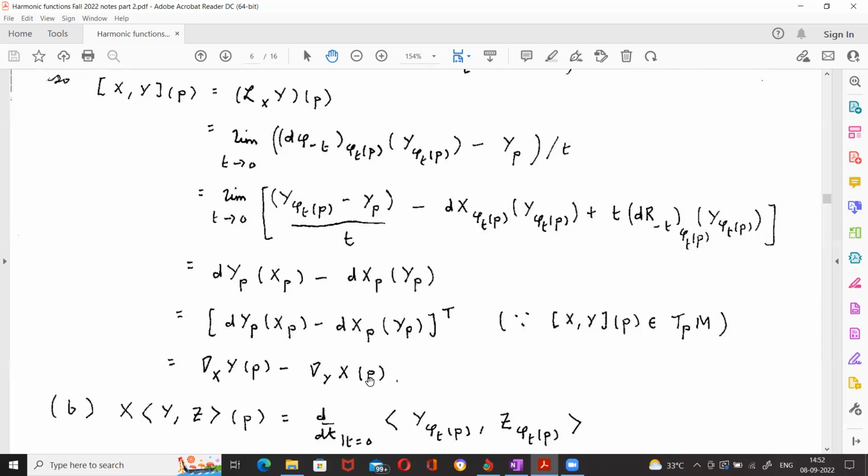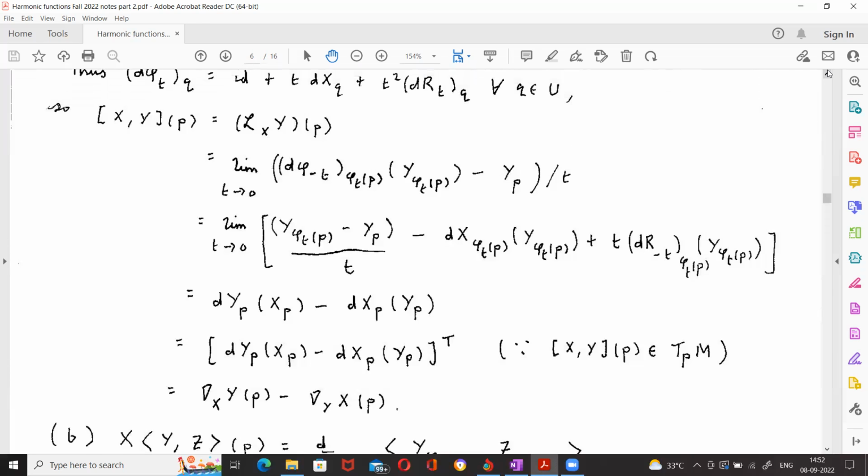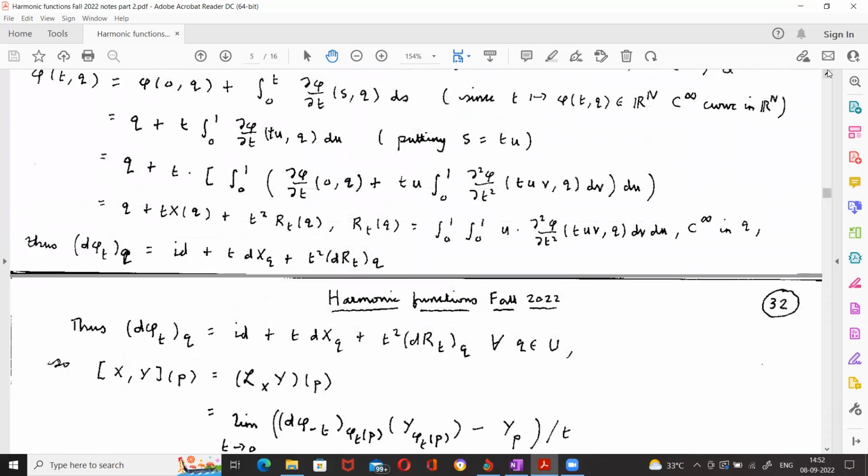Yes, sir. So why is that last term, that thing, bounded? Why is that part bounded? Because this r, as a function of t and p, or t and q here, is smooth in t and q.